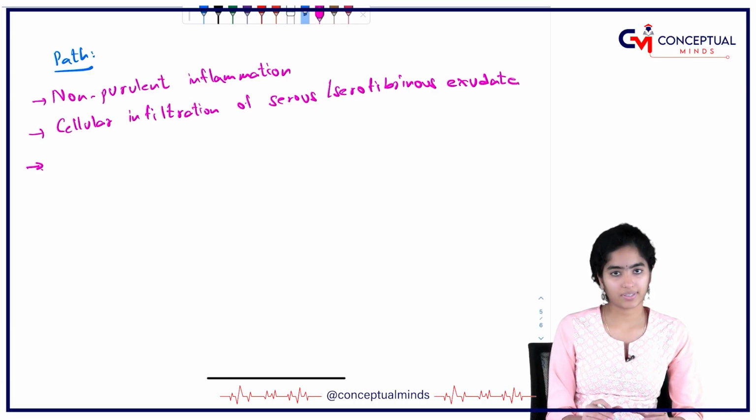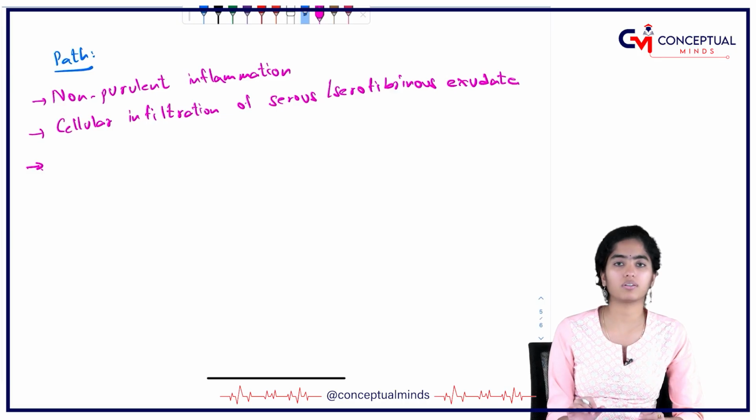Diffuse labyrinthitis occurs as a result of chemical changes. Now, these chemical changes are taking place in the perilymphatic space. They are caused by some toxic or suppurative process, and this later impinges on the membranous barrier of the labyrinth, such as at the round window, and it causes a bony fistula.